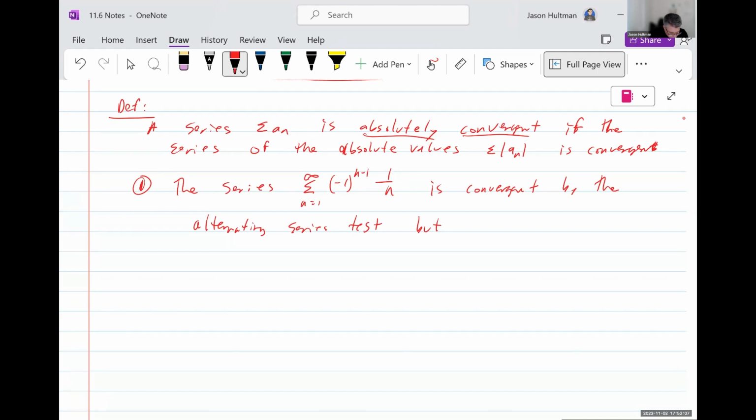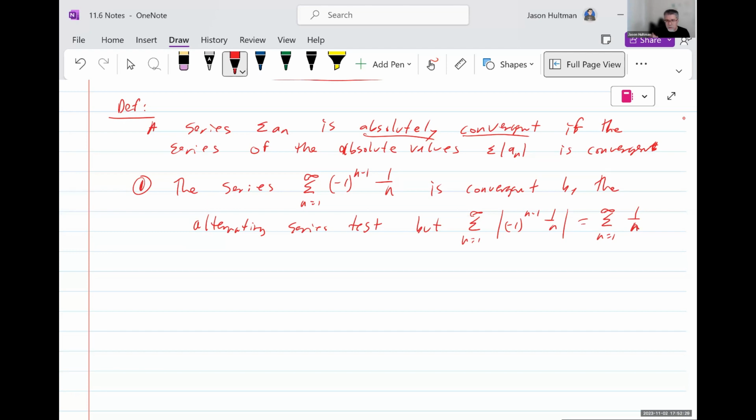But the absolute value of all of the terms, the absolute value of (-1)^(n-1) times 1 over n, as n equals 1 to infinity, is equal to the sum from n equals 1 to infinity of just 1 over n.